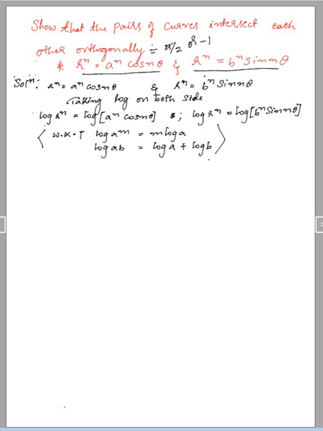So log r power n can be written as n log r, equal to, applying the laws of logarithm here, log a power n plus log cos n theta. Applying the laws of logarithm for another curve, we are going to get n log r, which is equal to log b power n plus log of sin n theta.